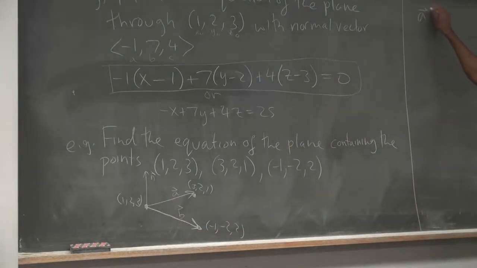So A would be 2, 0, 2 minus 2, that is minus 4, minus 4, 1. B would be minus 1 minus 1, minus 2 minus 2, 2 minus 3.